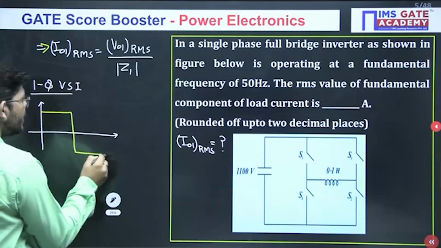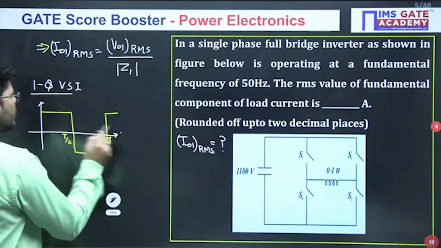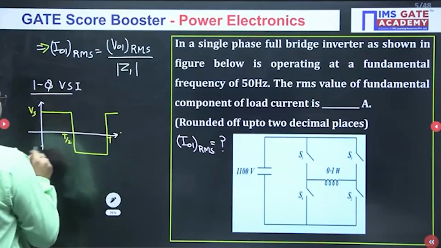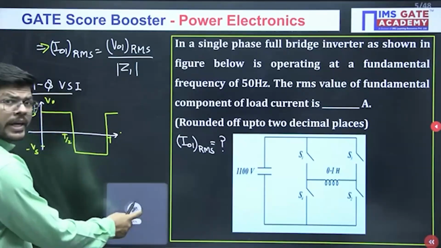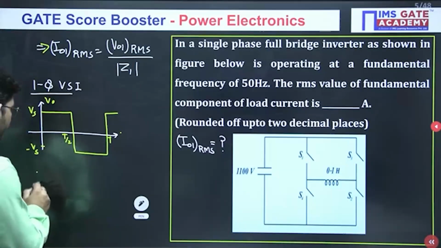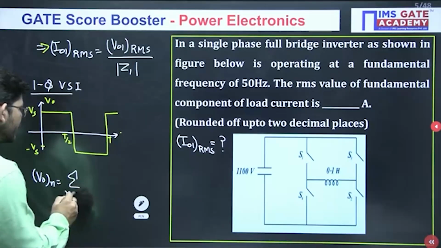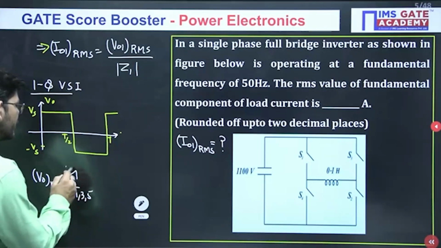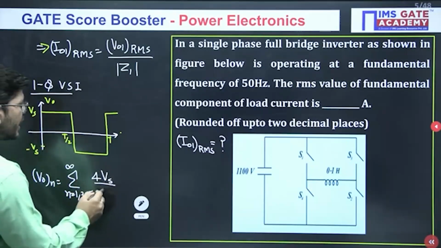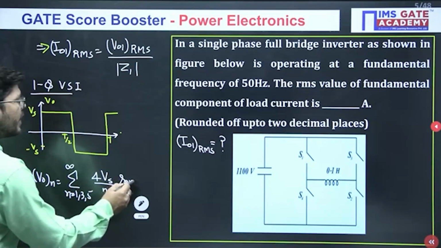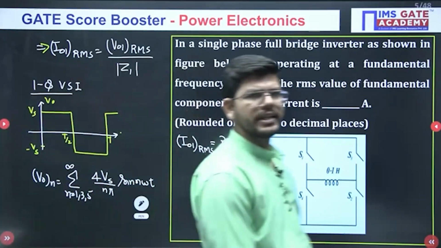This magnitude will be Vs and this will be minus Vs. For this kind of waveform, what will be the possible Fourier series? We have written this Fourier series in the first question as well. So it will be the sum over n = 1, 3, 5 to infinity of 4 Vs upon n pi sine of n omega t, isn't it?